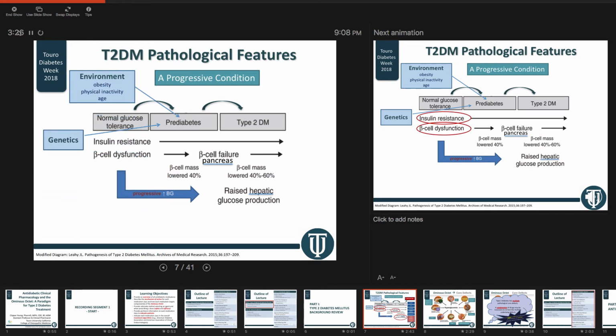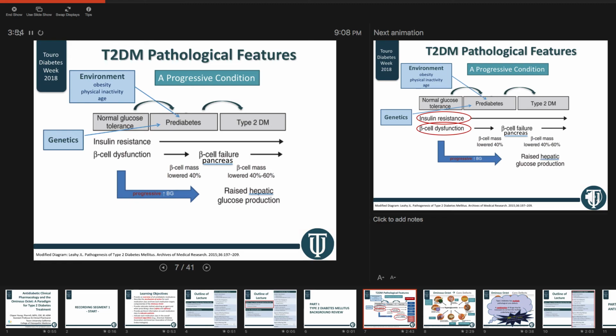But then there are some factors that might change our normal glucose level. They can be external factors like the environment that might lead to obesity, lack of physical activity, or aging. And these could lead to increasing sugar level in our blood. Then eventually that might lead to prediabetes.